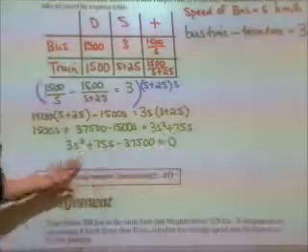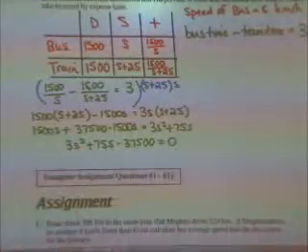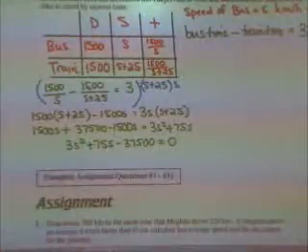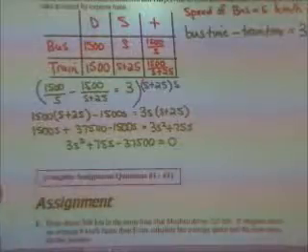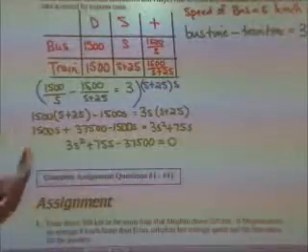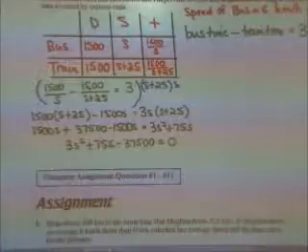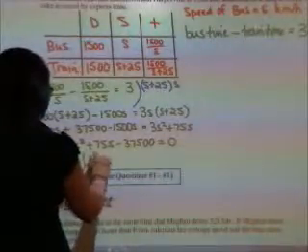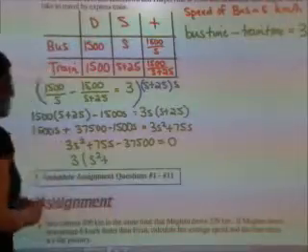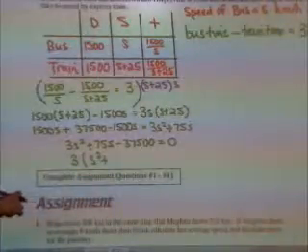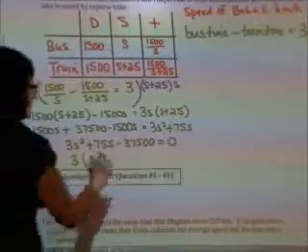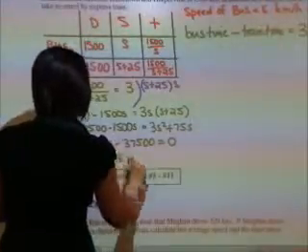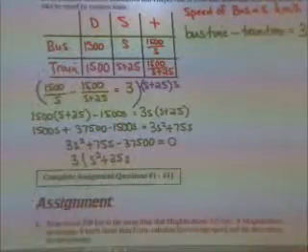I go to factor this. When I'm factoring quadratics or when I'm factoring any polynomial, my first step is to see if I can remove a GCF. Are these three numbers divisible by 3? Yep. And what do I get when I divide them all by 3? 75 divided by 3? And 37,500 divided by 3.